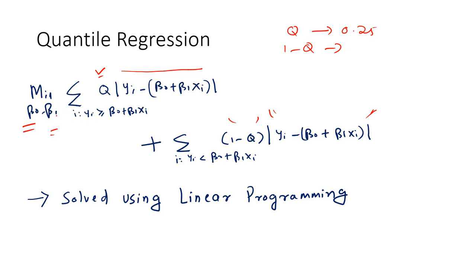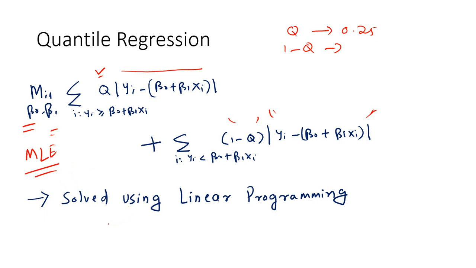How do we find beta naught and beta 1? In OLS we can find the solution very easily by using the least square method, by differentiating, or we can also use maximum likelihood estimation. Whereas quantile regression cannot be estimated in that way.